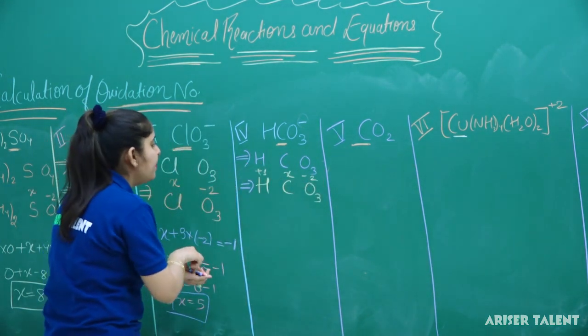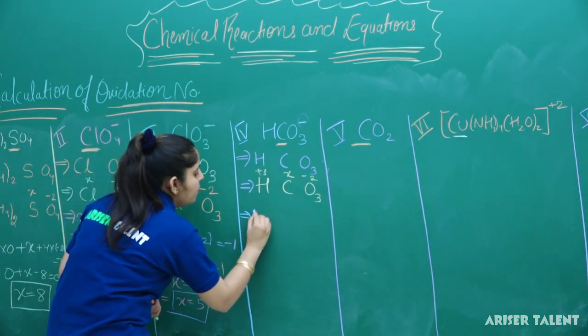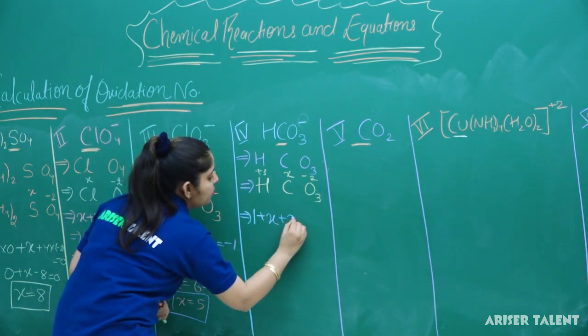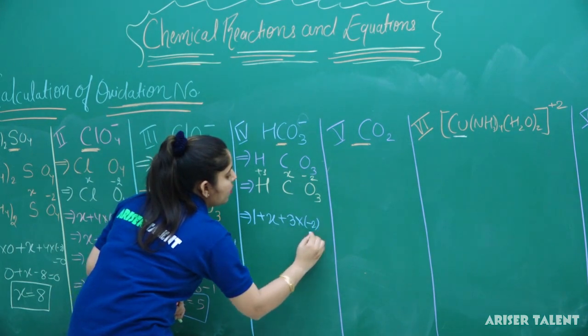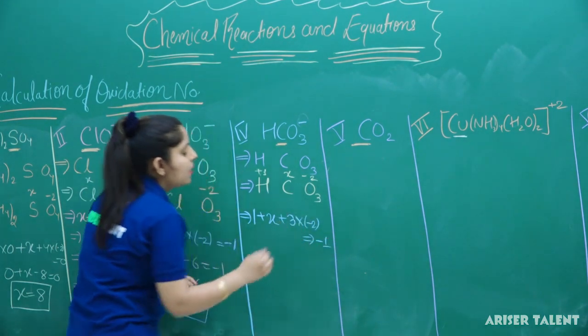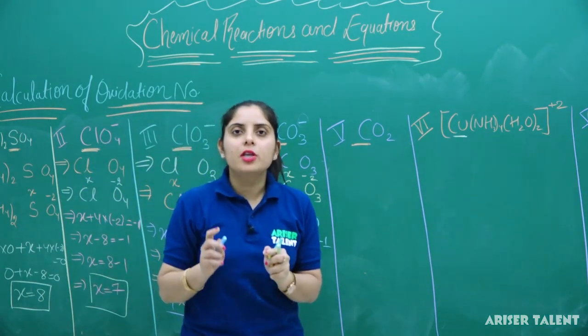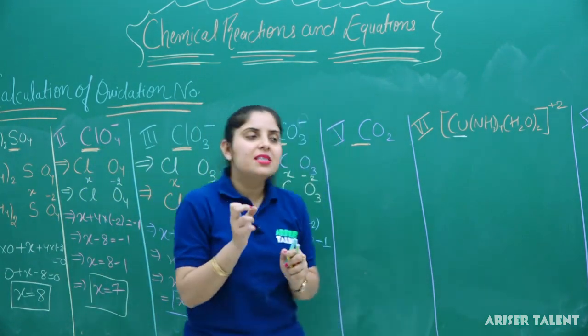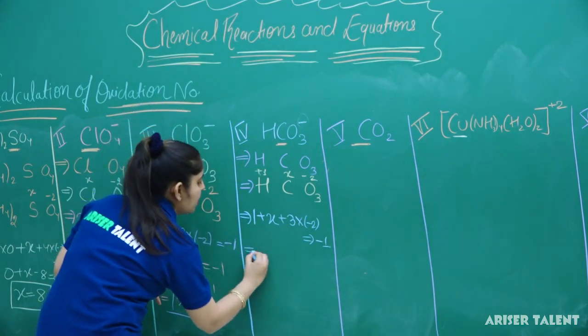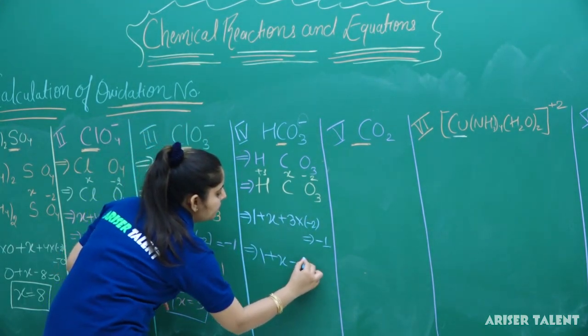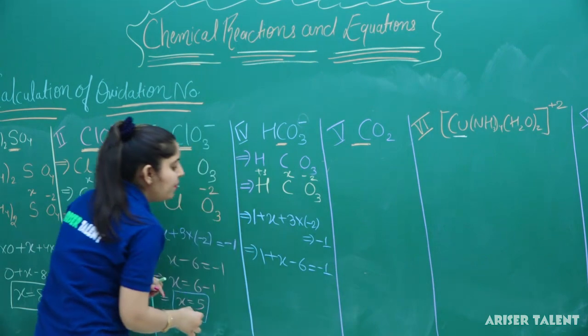Now we will do our simpler calculation. 1 plus X plus 3 into -2 will be equal to -1. Why I am multiplying the -2 with 3? Because the number of oxygen atoms we are provided here is 3. So 3 into -2. Again solving this equation, what we will get here?